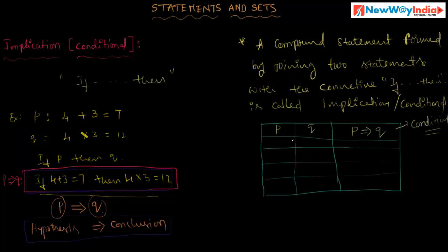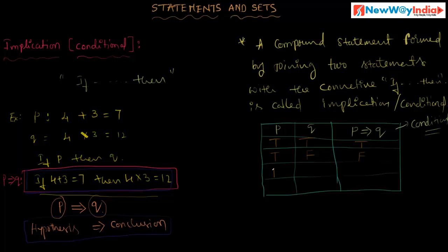Now discuss the truth values of this compound statement. If P is true and Q is true, then what is the truth value of the compound statement? If the first statement is true and the second statement is true, the implication is also true. If the first statement is true and the second statement is false, that is the conclusion is false, then the conditional is false.